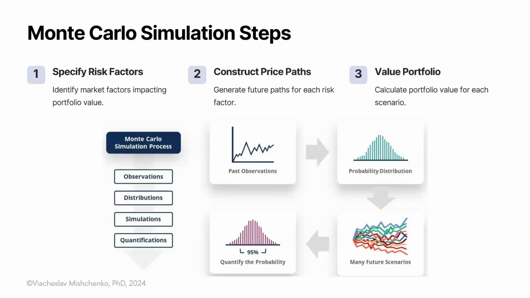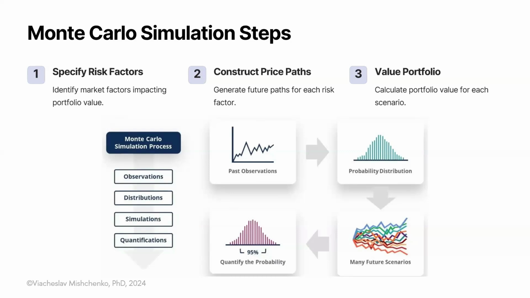Usually, for each factor, we specify a stochastic process, which means the mathematical model describing how it evolves over time. Then we can estimate the parameters for these processes. This may include volatilities, correlations, and mean reversion factors for interest rates, and so on.